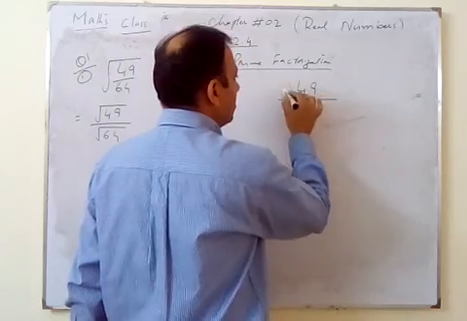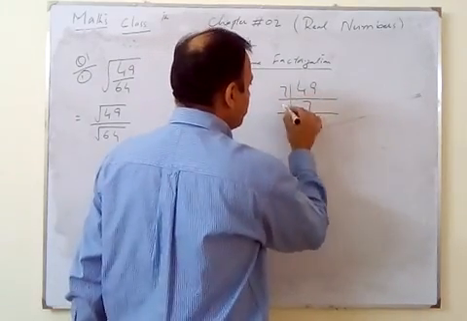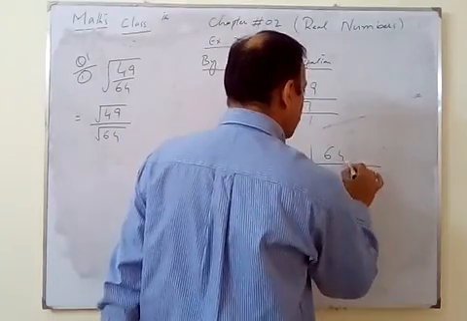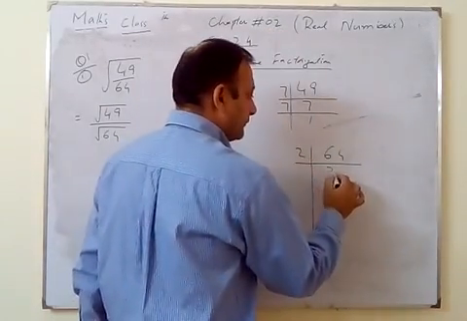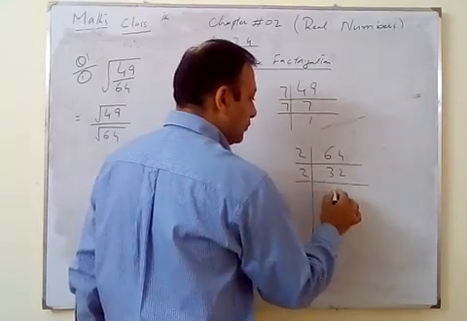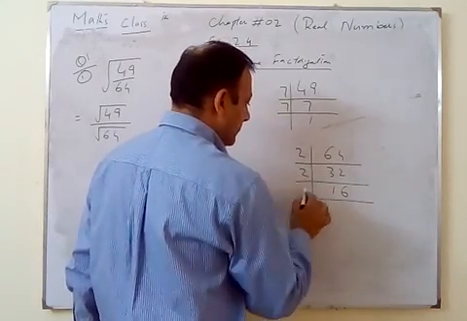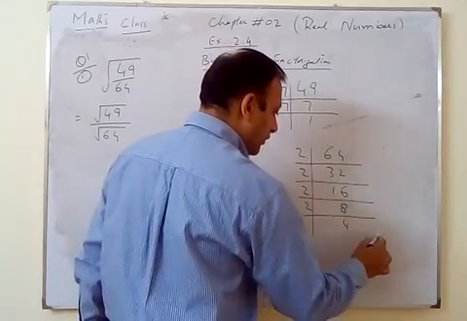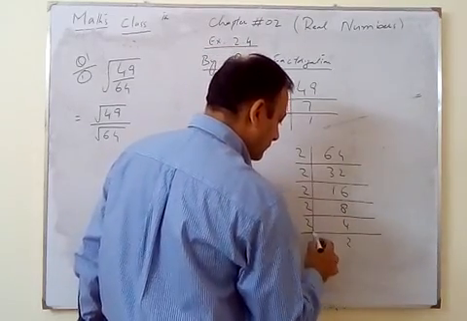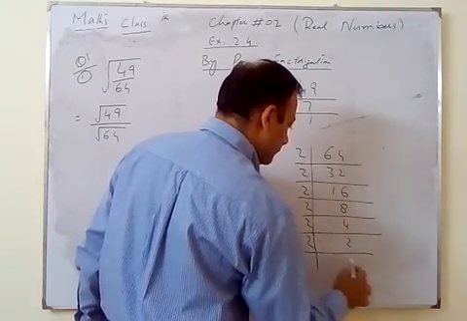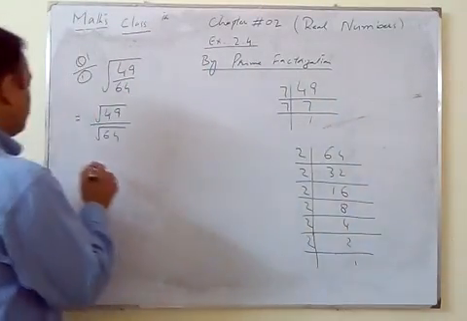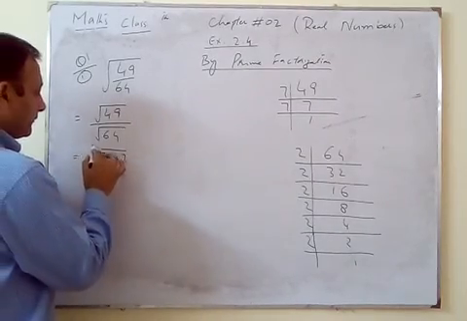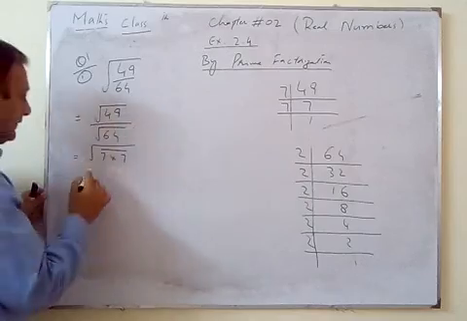49: 7, 7, 1. And 64: 2, 32; 2, 16; 2, 8; 2, 4; 2, 2; 1. So here 7 multiplied by 7 for 49.